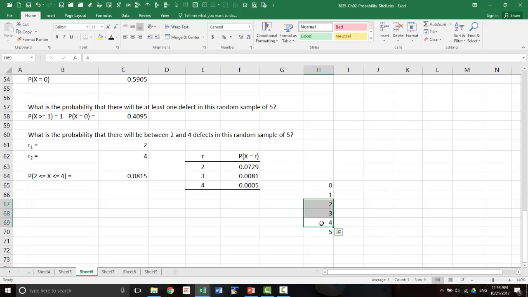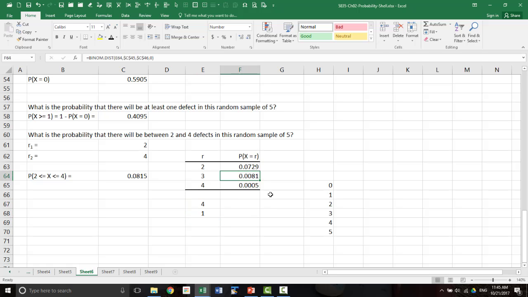We can look at the cumulative probability of R equal to 4, which takes the probabilities from 4 all the way to 0. Then we can subtract these two probabilities from it, so R equal to 1.